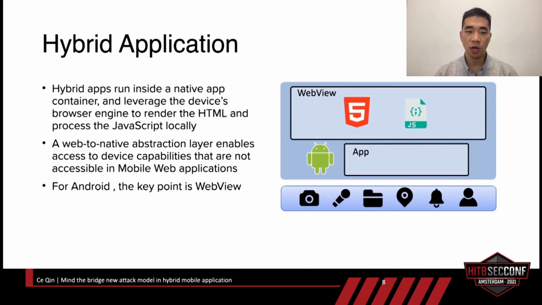Hybrid apps run inside a native app container and leverage the device's browser engine to render the HTML and process the JavaScript locally. A web-to-native abstraction layer enables access to device capabilities that are not accessible in mobile web applications, such as the accelerometer, camera, and local storage.